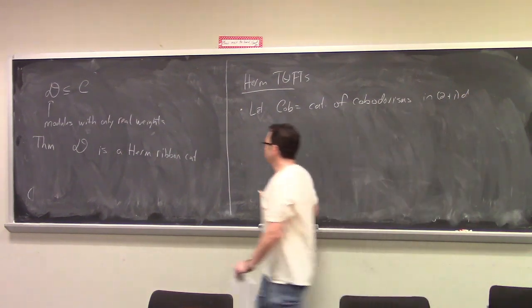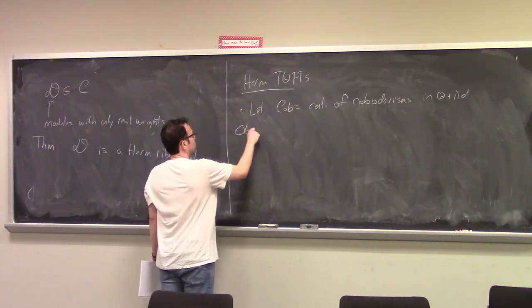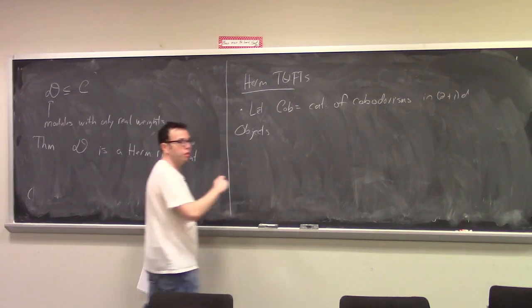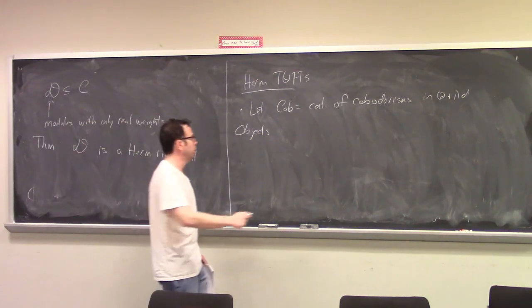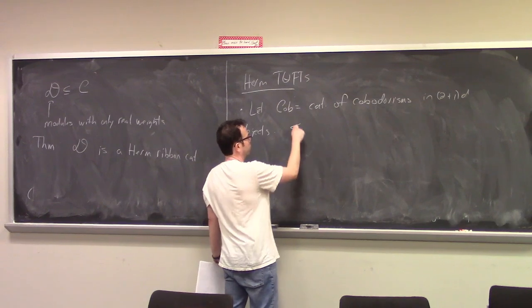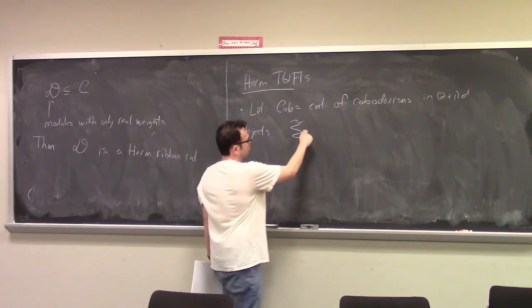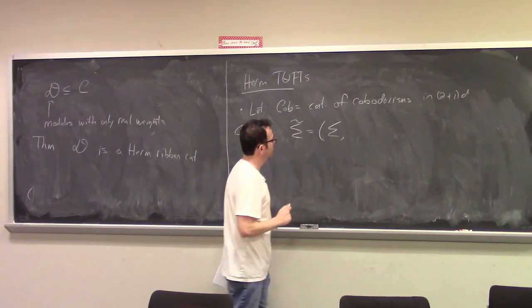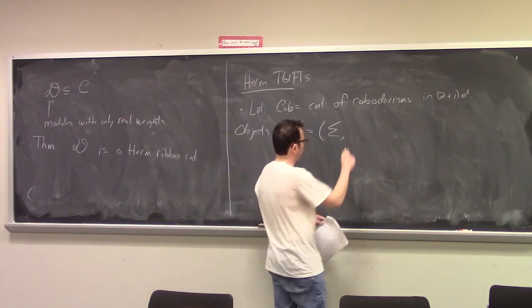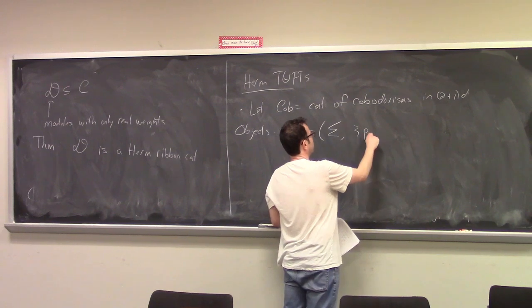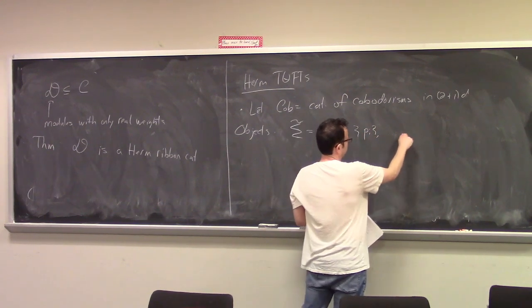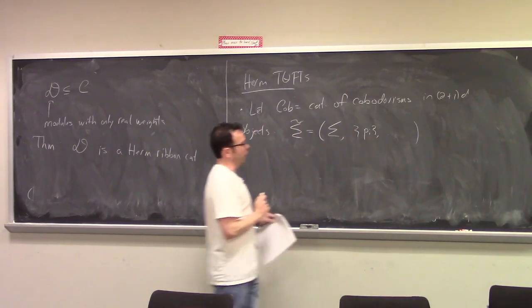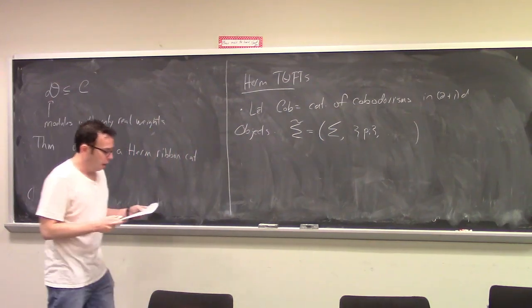Okay, so the objects are essentially surfaces, but there's a lot more data involved. When we say sigma tilde, it's really the data of a compact surface, some marked points, and some other things which are not so important for us to discuss right now.